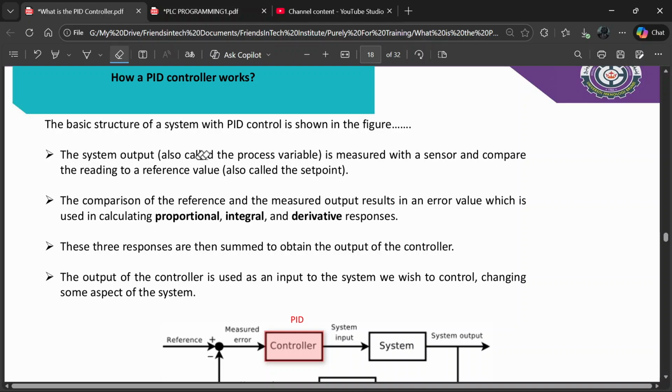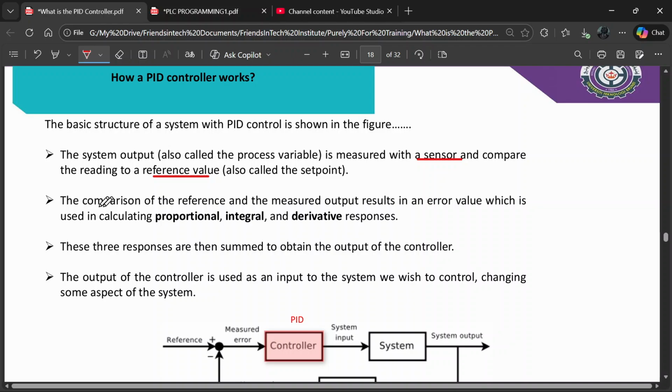The system output, also called the process variable, is measured with a sensor, what we call a feedback sensor, and the reading is compared to a reference value, what is called the set point. If you compare these two, you get what is called an error signal.